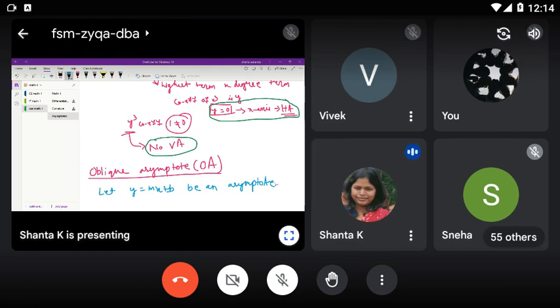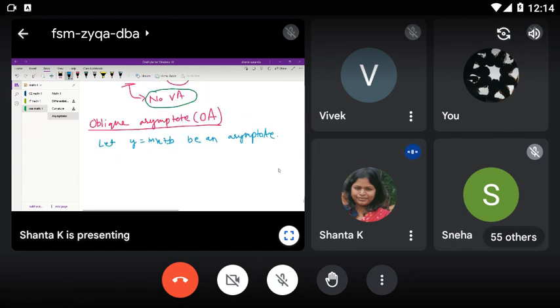So if it's an oblique asymptote, then the points of intersection of the curve and the asymptote satisfy the equation. That means in the equation we will substitute y equals mx plus b. They meet at infinity, but we can do that.